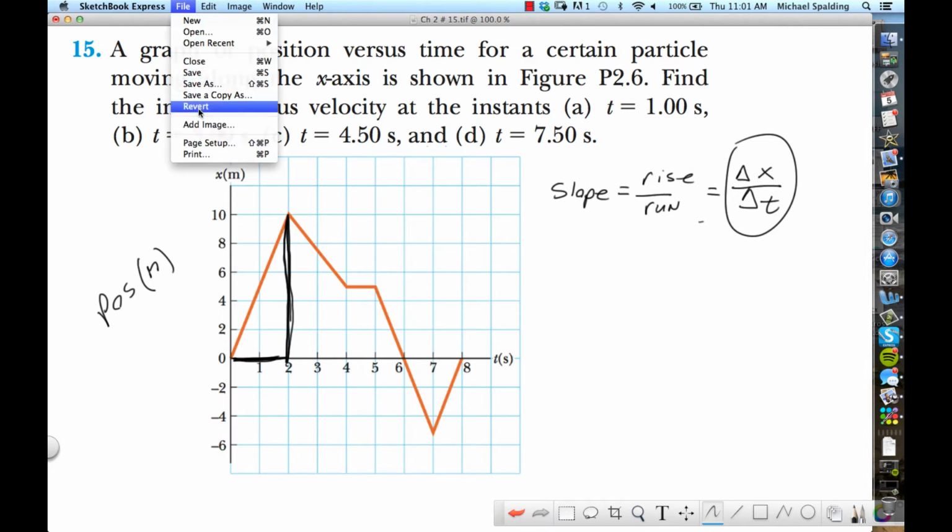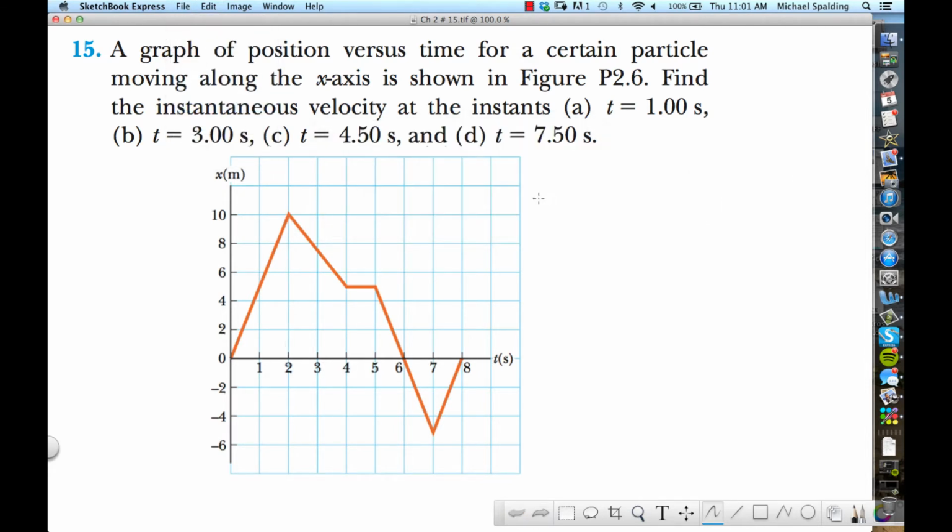Okay, let's revert. All right, so the first time is t equals 1. Now, what is super duper nice about t equals 1? It's on a straight line, right? See this whole first segment right there? The slope of that line is constant, right?